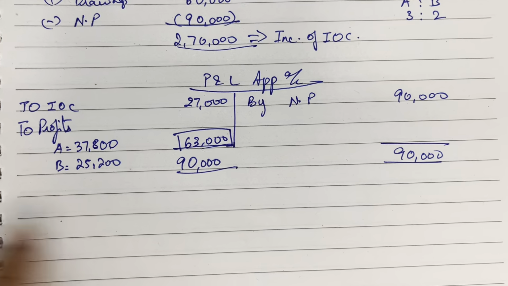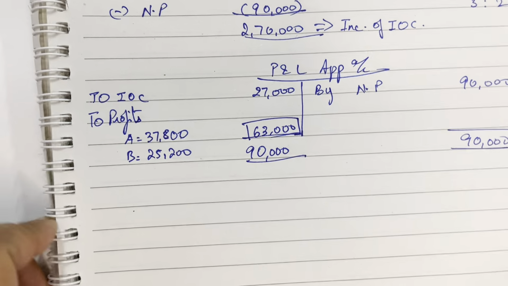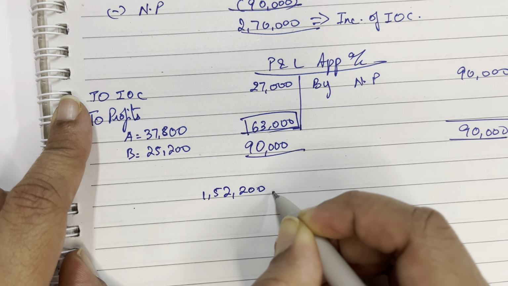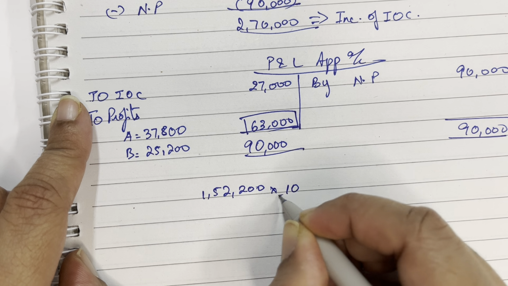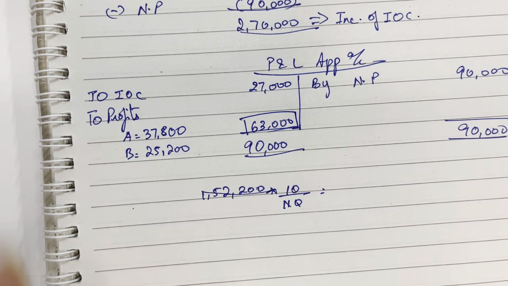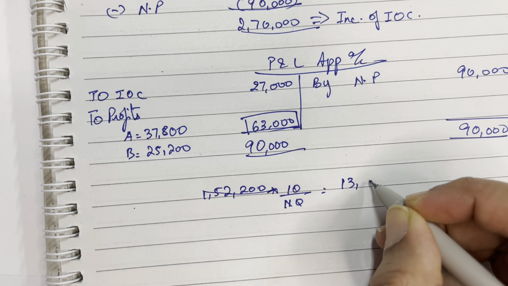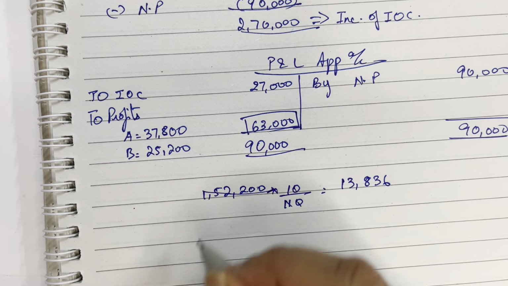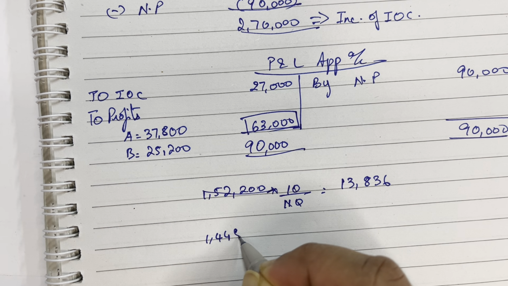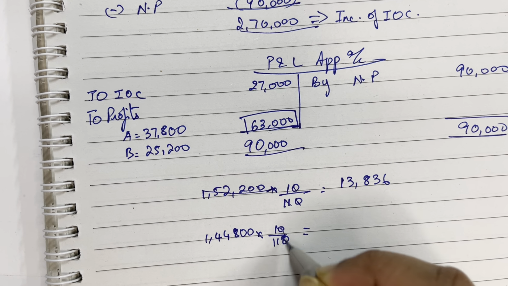So for partner A, it is 1,52,200 into 10 by 110. Now if we divide, we'll get 13,836. And similarly for partner B, it would be 1,44,800 into 10 by 110.